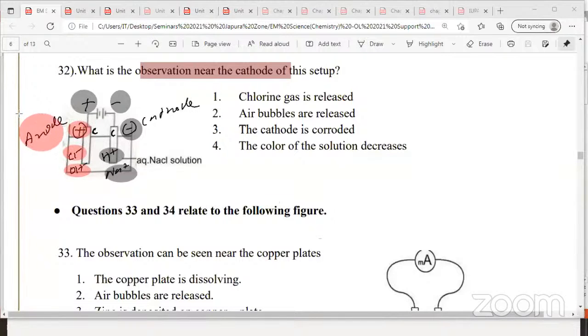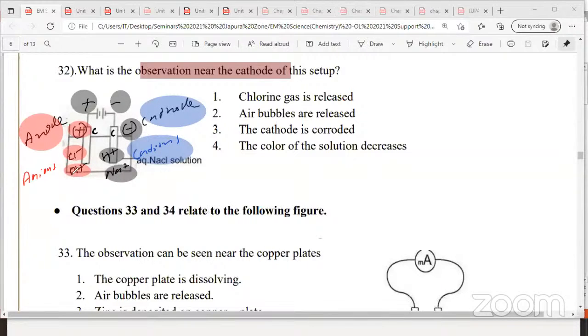Anode attracts anions. Cathode attracts cations. Negative ions are called anions, positive ions are called cations. Please label this, everyone. Cathode is negative, it attracts cations. Cations are positive.